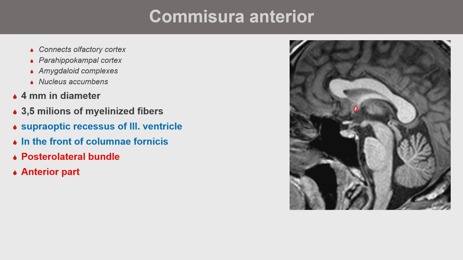Commissura anterior, the anterior commissure, is seen here. It is directly in the front of a fornix, directly from the part which is called column, and this fornix connects olfactory cortex, which is related to the olfactory brain, the amygdalic complex, and also parahippocampal cortices.